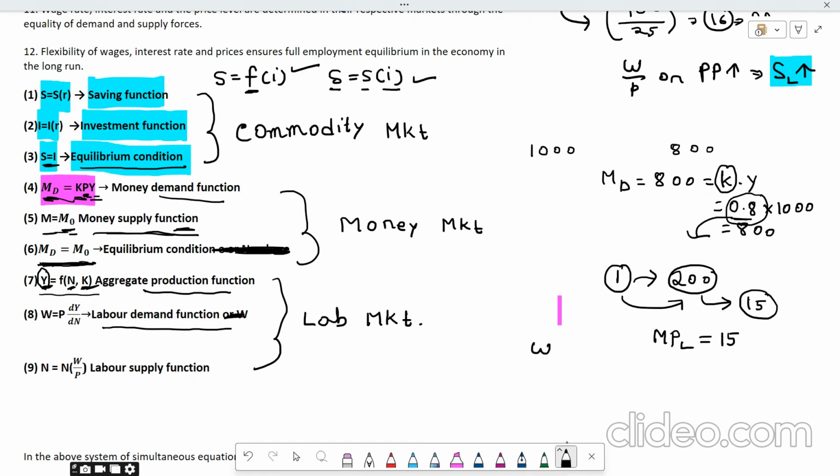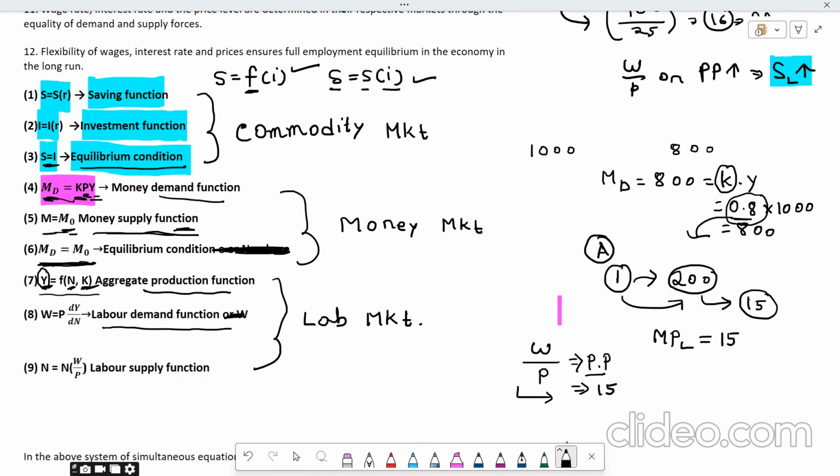Now how much real wage, that is W by P, real wage means purchasing power, right? How much should be the purchasing power of this new laborer? Suppose the name of the laborer is A. How much real wage should this new laborer receive from the firm? As per the classicals, this new laborer will receive a purchasing power or real wage equivalent to 15.